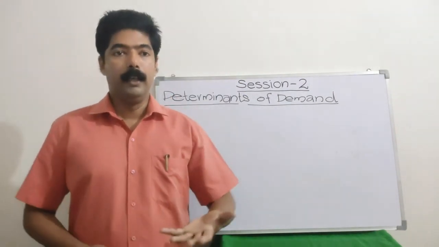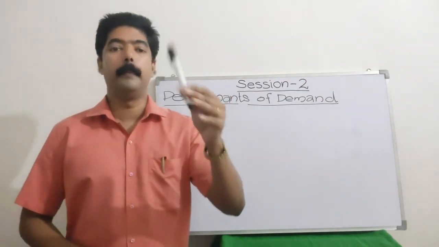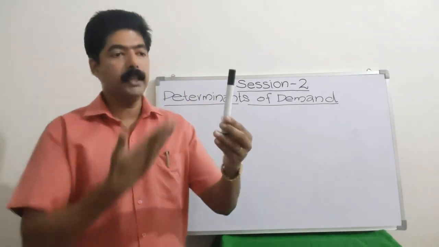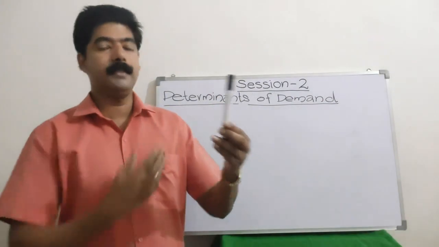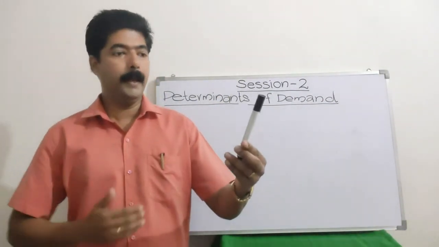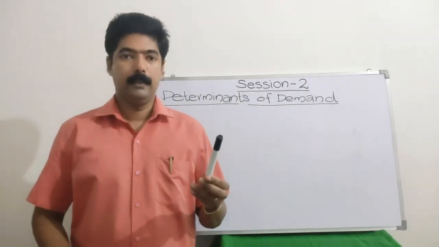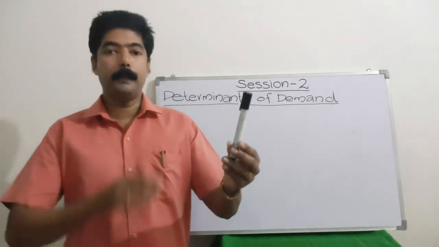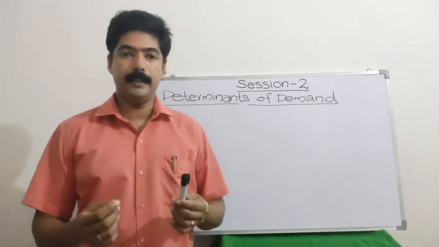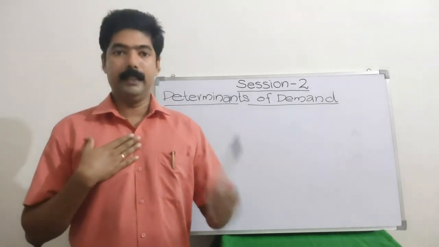For example, if I want to purchase a commodity, say a pen, what influenced me to purchase this pen? I can say the color of the pen is one of the reasons. The other reason is the price of the pen, or in another way, the income level of the individual.